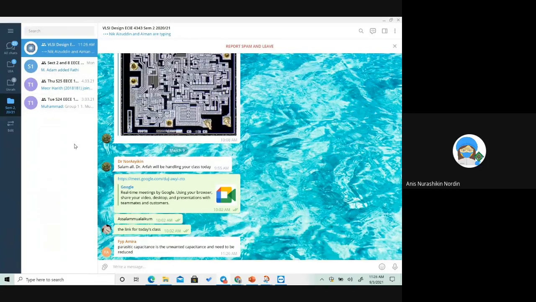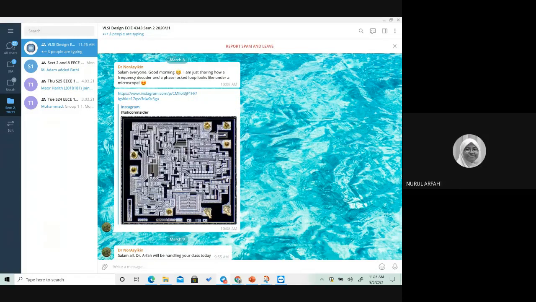So if you are curious on how to look at the transistors, you can follow that Instagram, the one I showed you. This guy always cuts open chips and shows you the microscope pictures. So usually I will bring the students to my lab and look at the layout, the fabricated chips. But since we cannot go to the lab, I give you the Instagram.